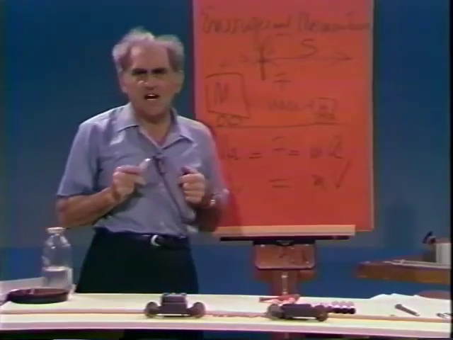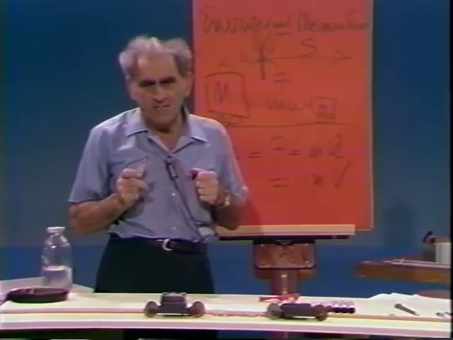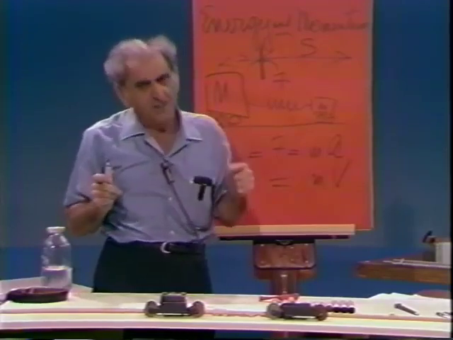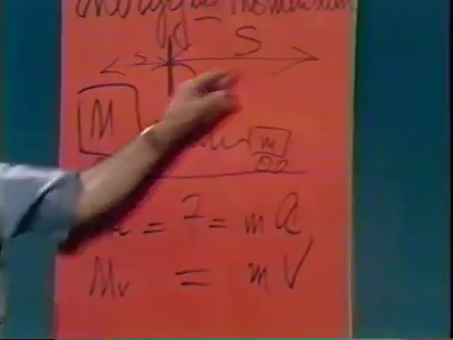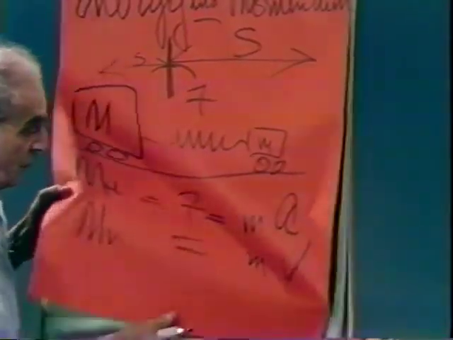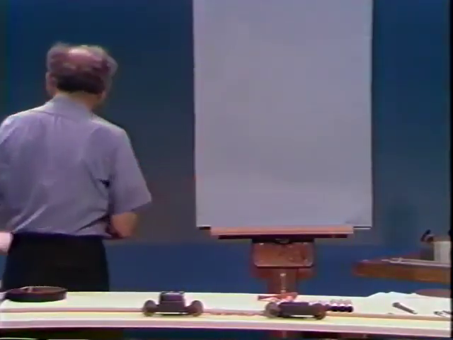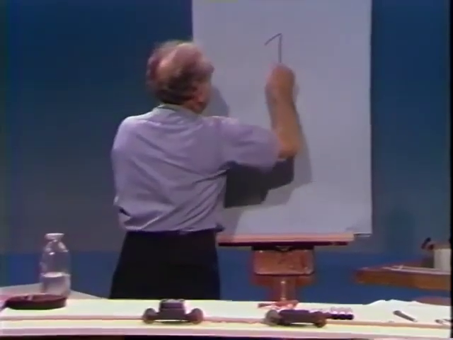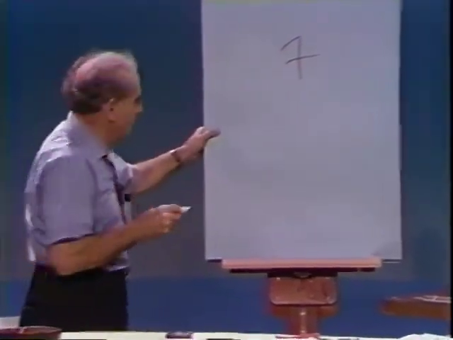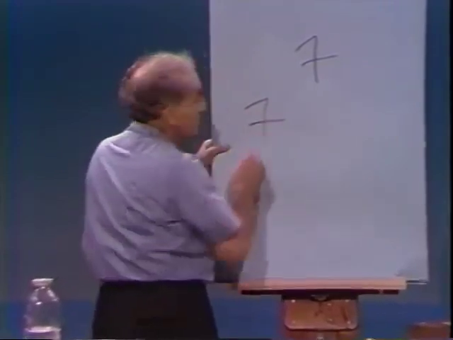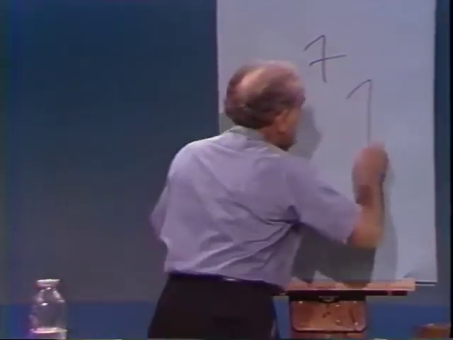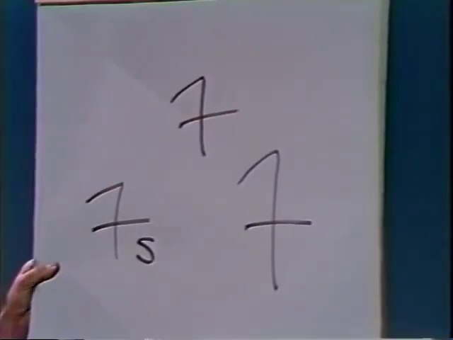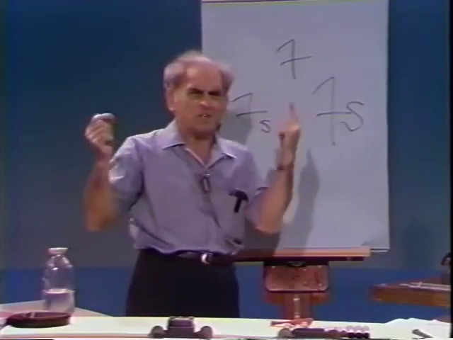And now I define for you what is meant by work or energy in physics. The product of a force and a distance. So, the same force acts on both cars, but for the big car, the distance is a little one, and for the little car, the distance is a big one. And these products are not equal.